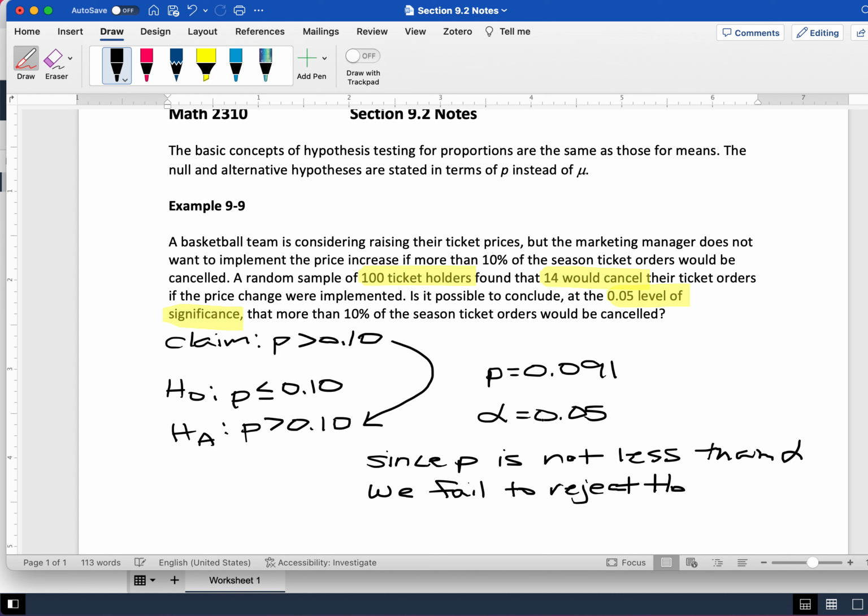Now, if the alpha here was 0.10, and you may see that in some problems, then we would reject the null hypothesis because the p-value would be less than alpha in that case. But in this case, with the alpha that we're given, the p-value is not less than alpha, so we fail to reject the null hypothesis.